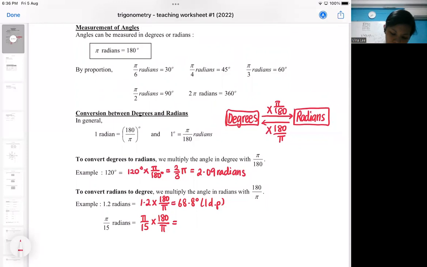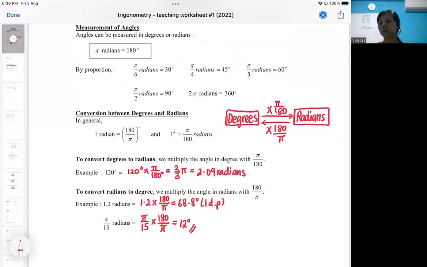That will just be a very quick conversion: degree to radian, radian to degree. It's interchangeable, so you must be flexible enough.